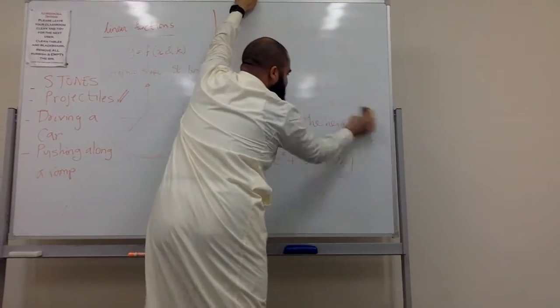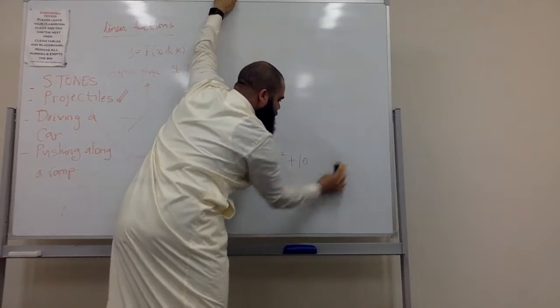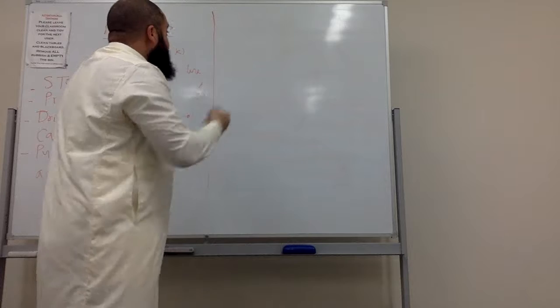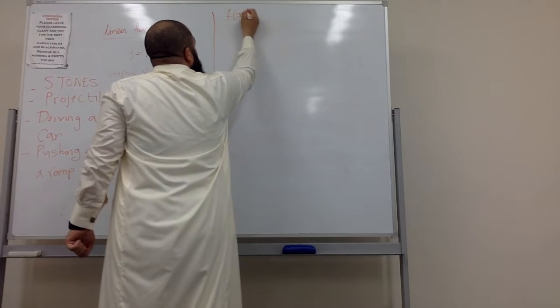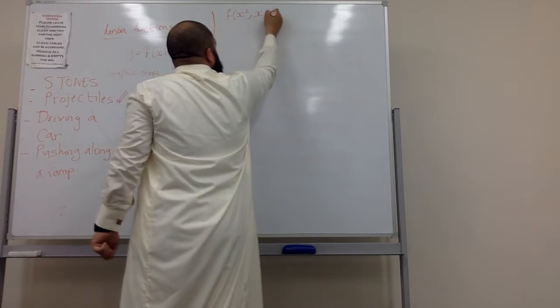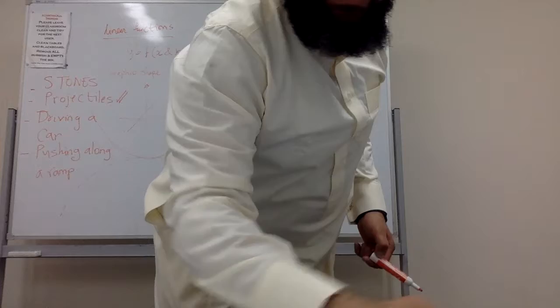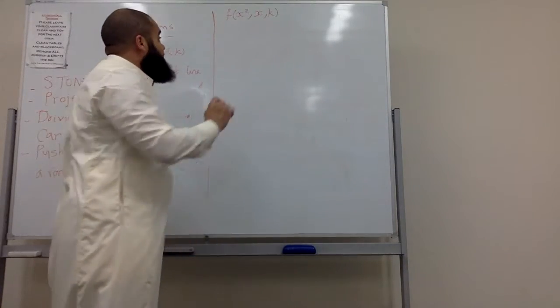So at the beginning of the lesson, we said that the quadratic function is a function in x squared and x and a constant. Okay? So let's now see how this function is shaped.